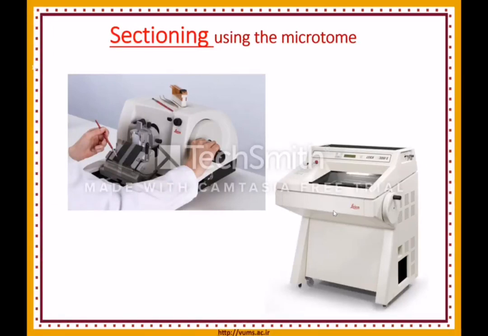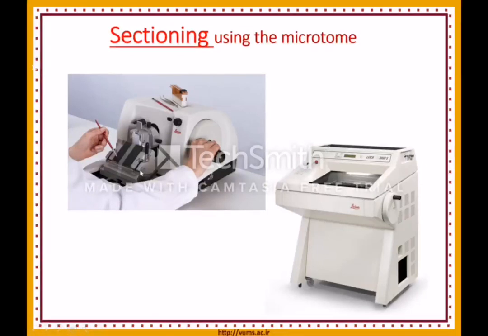The technician of the lab sections it with the cryomicrotome, because in this procedure the tissue doesn't pass through the tissue processor. They section it, and after that stain it. But normally in the histology and pathology lab, this microtome is mostly used.